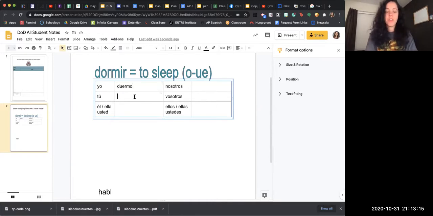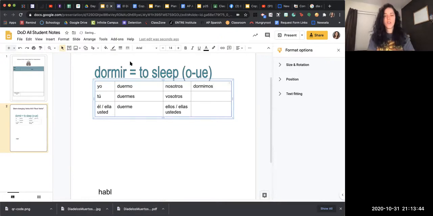You sleep. Let's do it again. D, O is not going to be an O. Now it's going to be UE. Then next is an R, and then an M. I drop the IR. What do I add for tú? It's an IR verb, so yes, duermes. Okay. Él duerme. Nosotros, though, we actually get to not stem and keep the O. And it's an IR verb, so D-O-R-M, and then drop the IR and add imos.